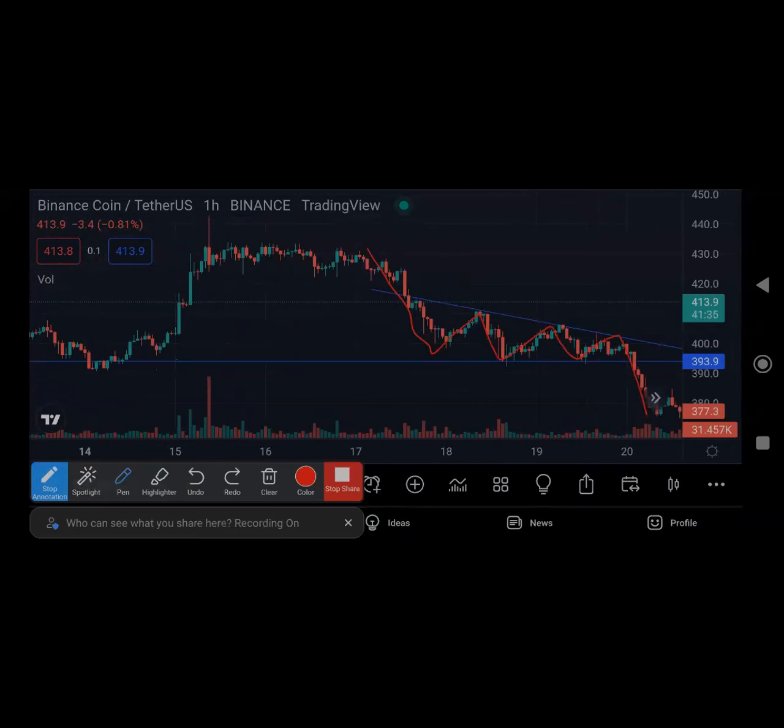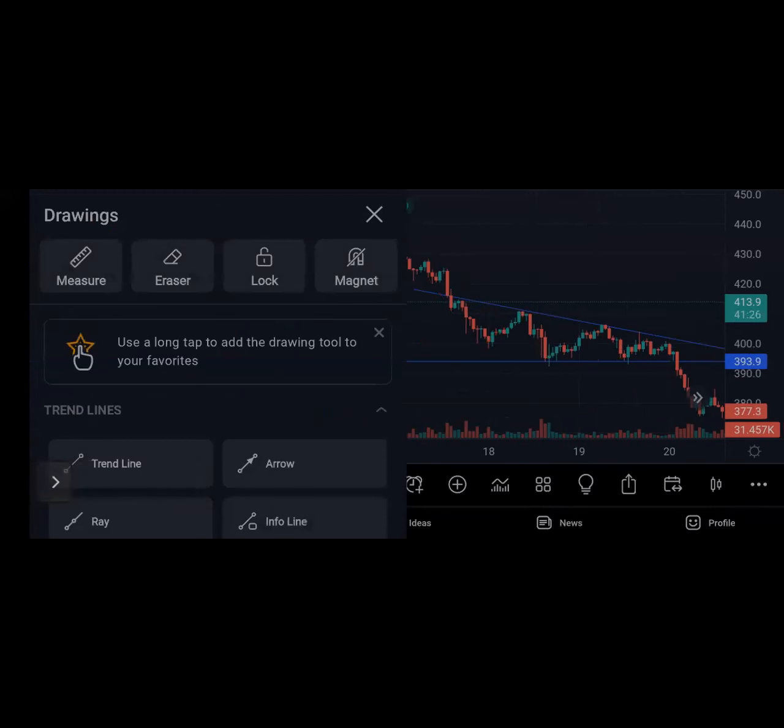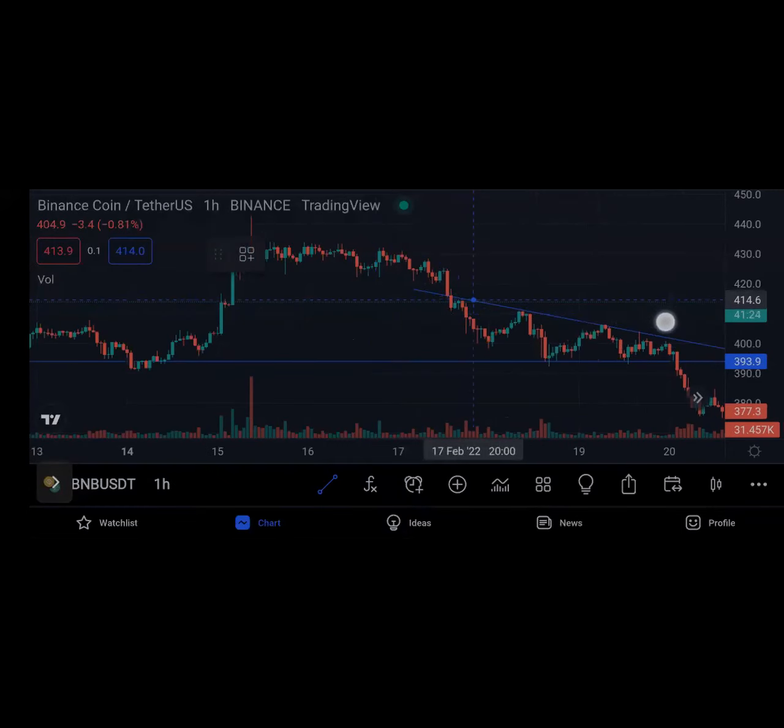Now let's try to measure our TP and see whether it really favored us based on the way we measure it. You see that this strategy works most of the time. This is the first low, but let's measure it from here.